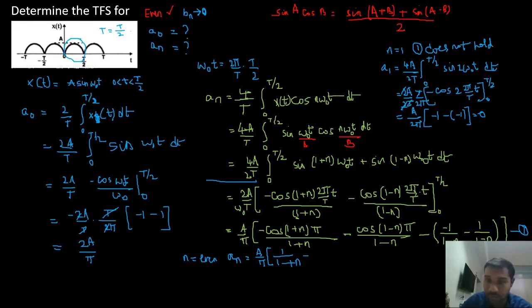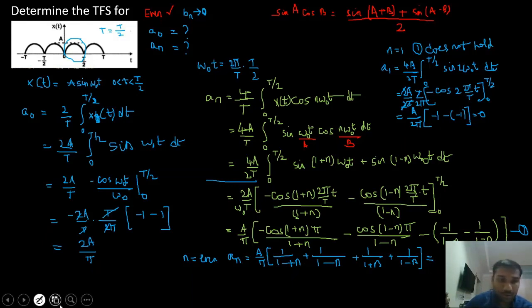So I have again 1 minus n, and here it is plus 1 by 1 plus n and plus 1 by 1 minus n. If I simplify this, 1 plus n plus 1 plus n, it is nothing but 2 by 1 plus n.